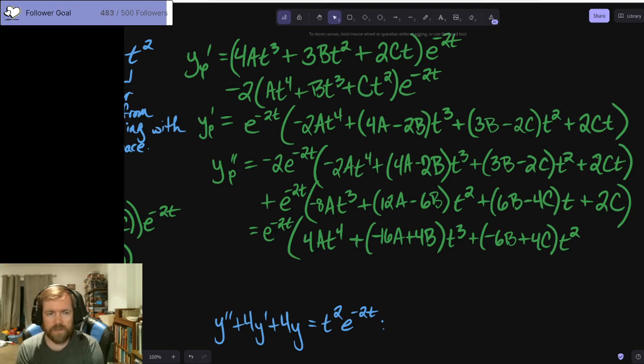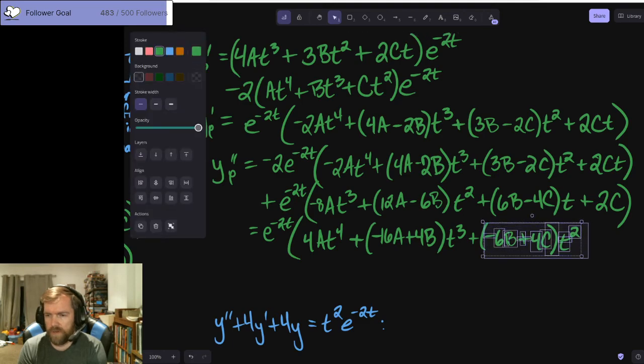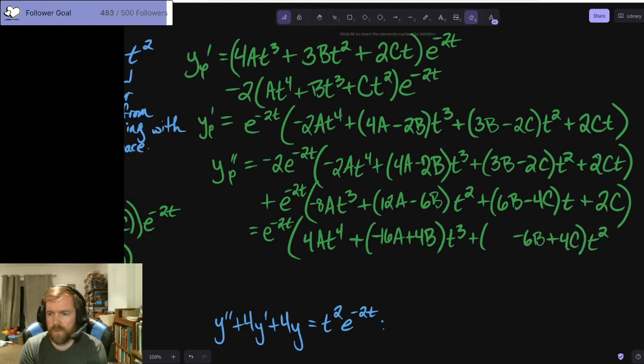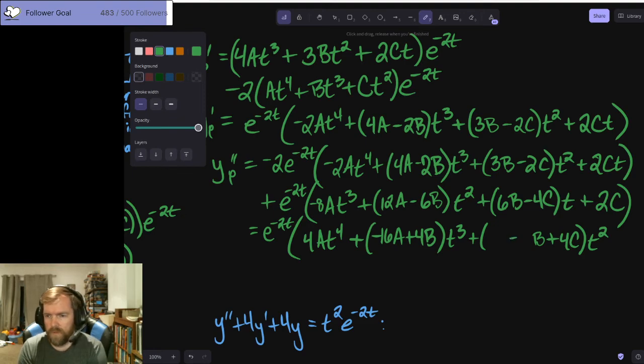So we're going to get negative 12b and a positive 12a, because we had a negative 6b from this one and another negative 6b from here.